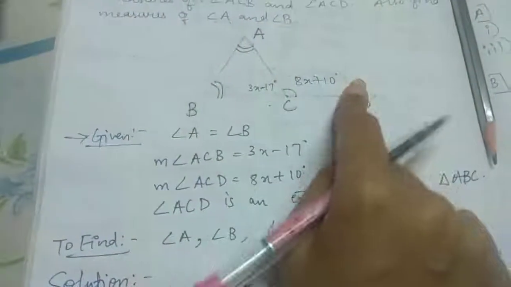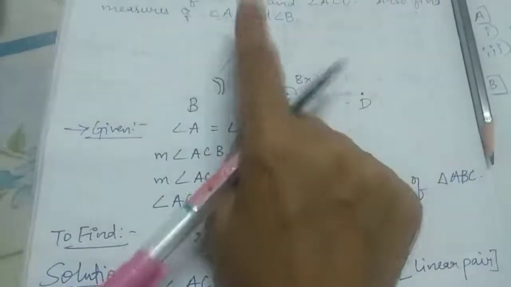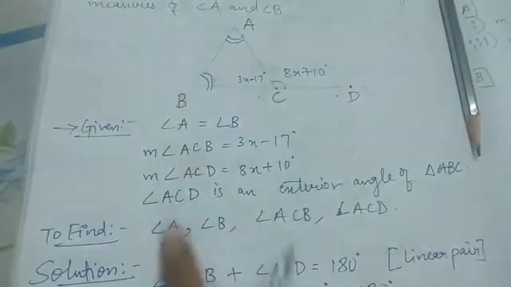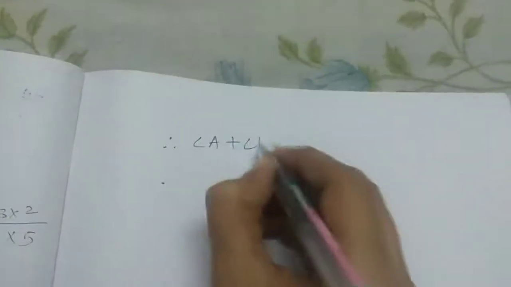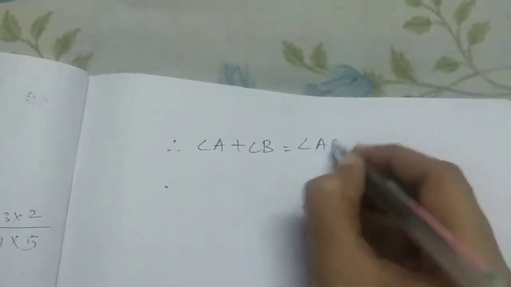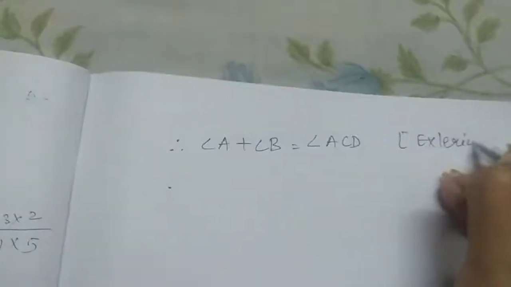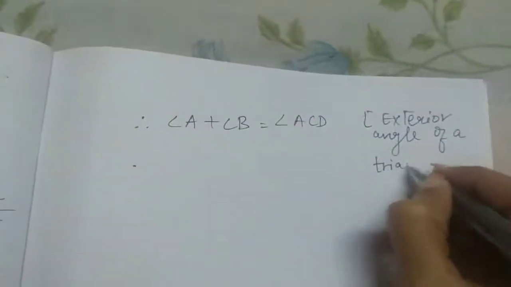Now which property will we use? Again, exterior angle property we will use, because ACD equals angle A plus angle B. So let's solve ahead. Therefore, angle A plus angle B equal to angle ACD. Reason we will write exterior angle of a triangle.